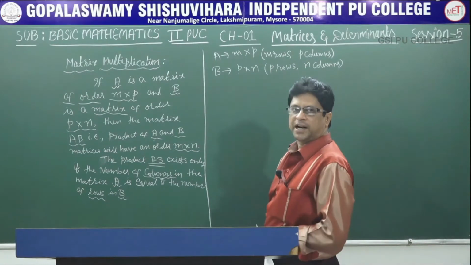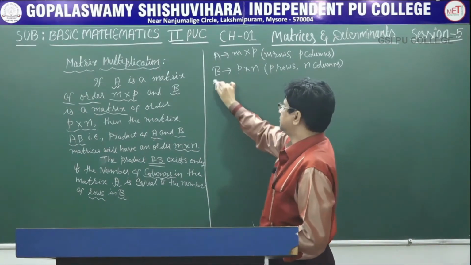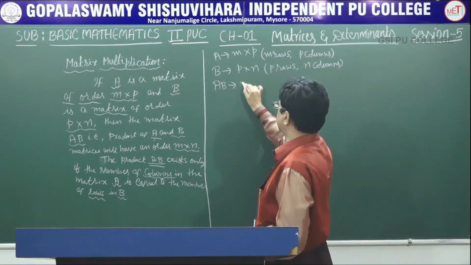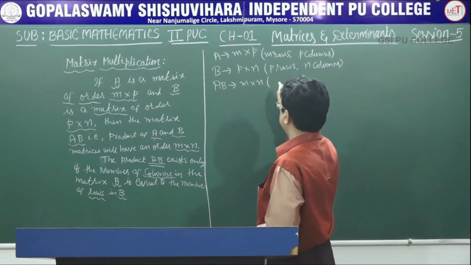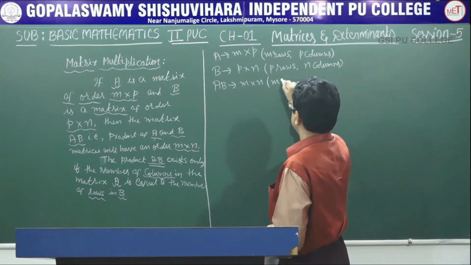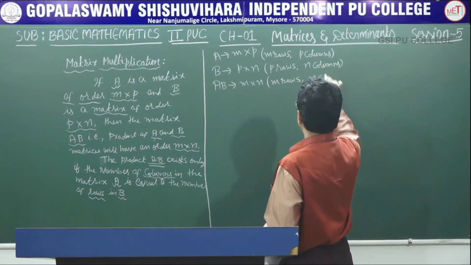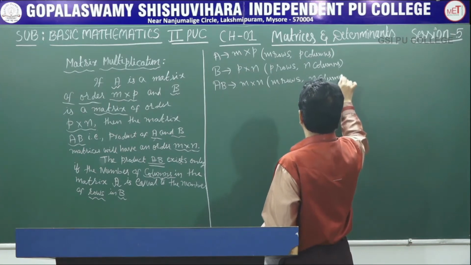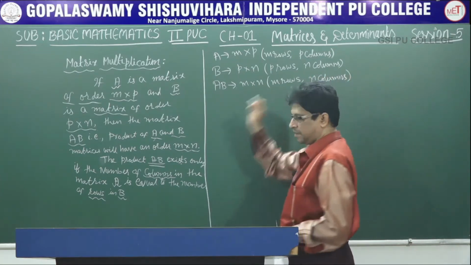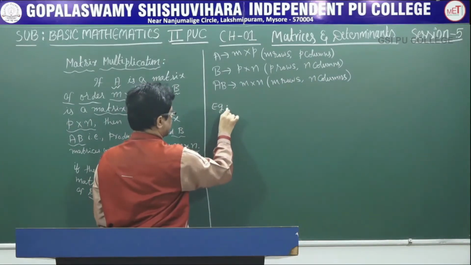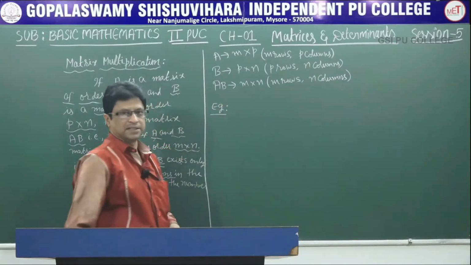And the product matrix AB will be of the order m into n, that is m rows and n columns. Let us consider a few examples.